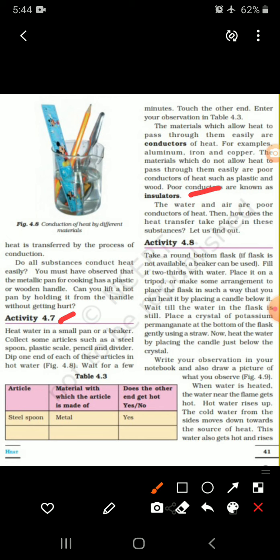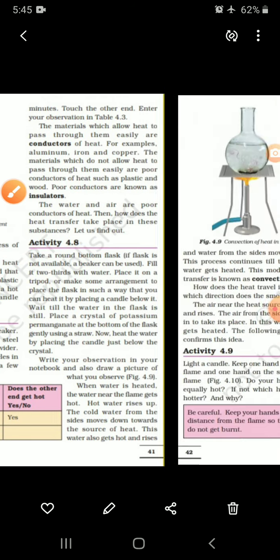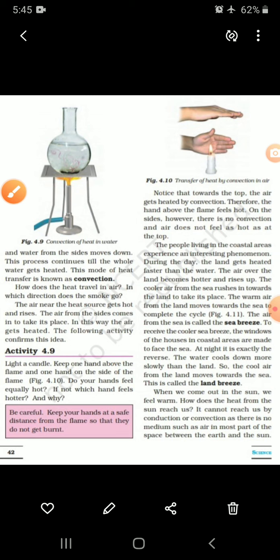Now activity 4.8. Take a round bottom flask or beaker, fill it 2/3 with water and place it on the tripod, or make some arrangement to place the flask in such a way that you can heat it by placing a candle below it. Means simply you can observe this figure.